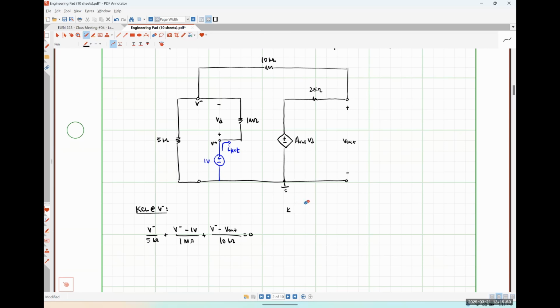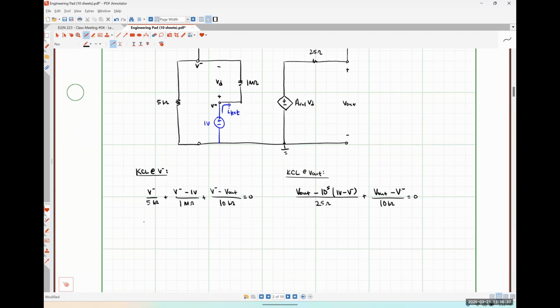KCL at my output node is going to look like V out minus AVOL, so 10 to the 5 times 1 volt minus V minus over 25 ohms, plus V out minus V minus, excuse me, over 10 kilo ohms is equal to 0, and then I would solve this system.